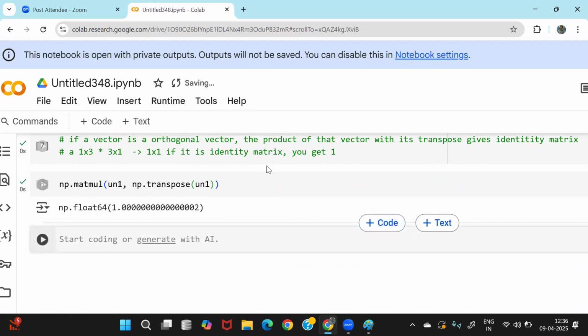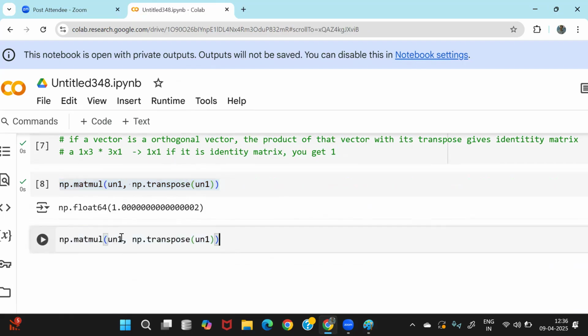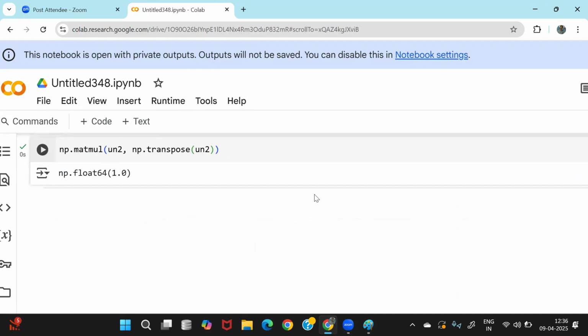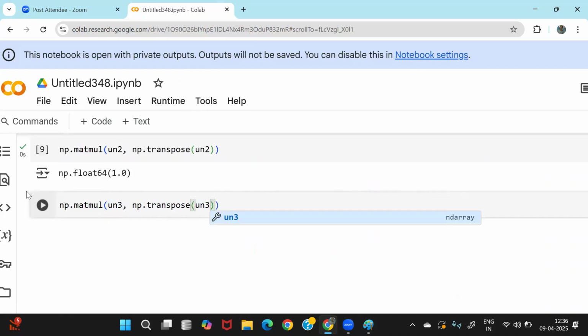Similarly, multiply un2 with its transpose. You get identity matrix of size 1 by 1. Right? Similarly, you try the last one. Multiply orthonormal vector 3 with its transpose. You get identity matrix of size 1 by 1.